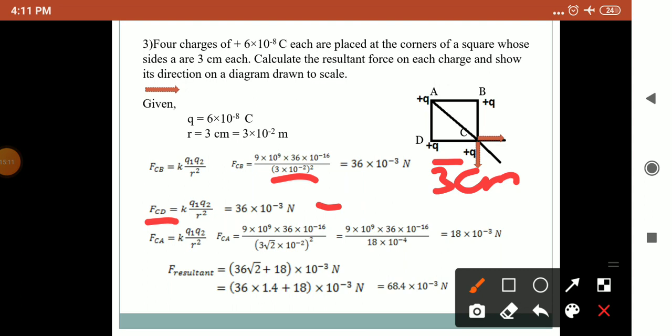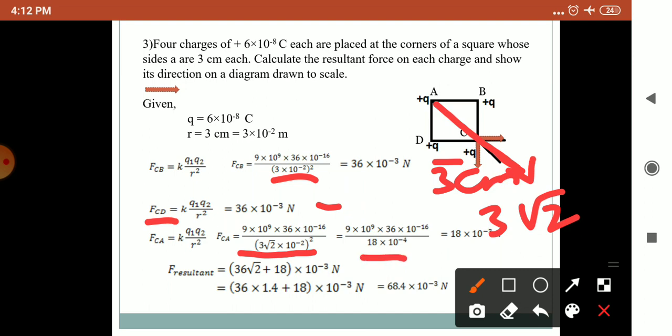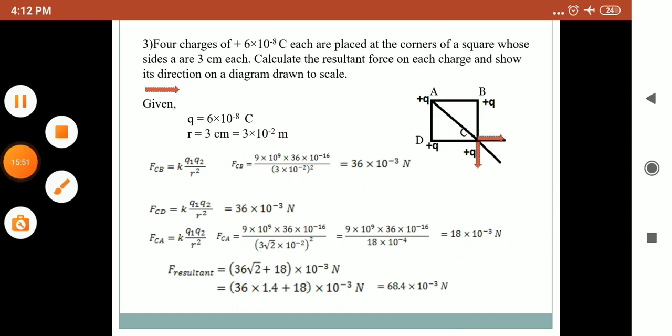Then next, the force along C to A, that is this one. This is the magnitude, and its separation distance will be 3 into root 2. This is the value that we have to put here in case of R. So by putting all those values, the force along C to A will be 18 into 10 raised to minus 3 Newton, and again in outward direction.